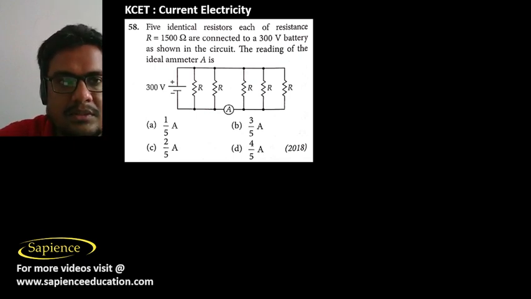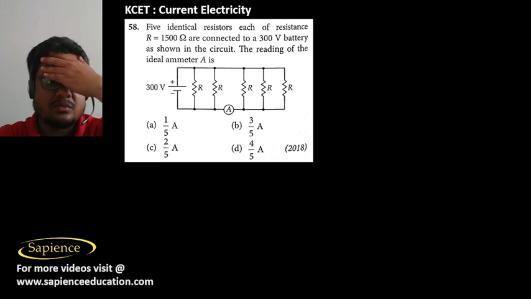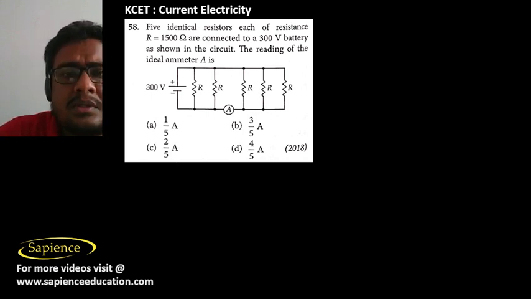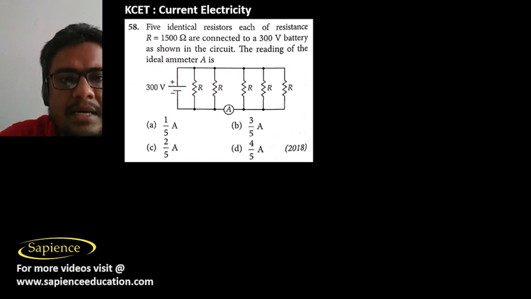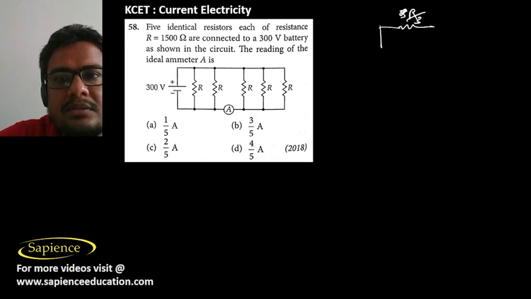Question number 58, it is told 5 identical resistors, each of resistance R equal to 1500 ohm, are connected to a 300 volt battery as shown in the circuit. The reading of the ideal ammeter is. So now here the R equivalent is R by 3, since three equal resistances are connected in parallel, and here 2 resistors are connected in parallel.